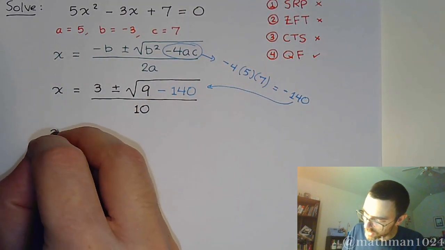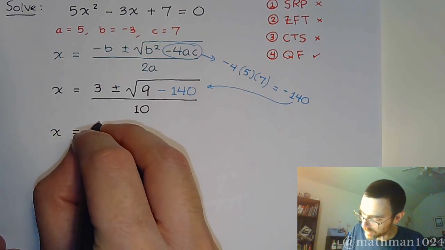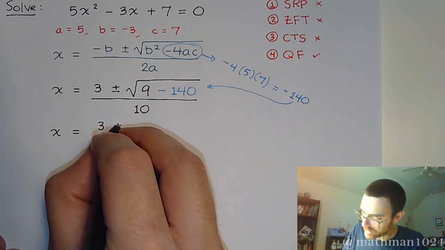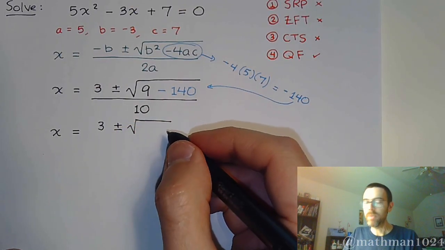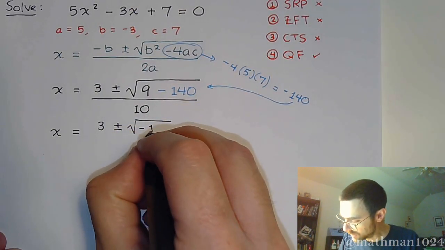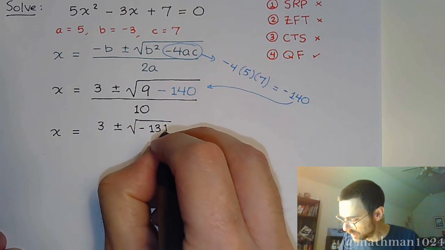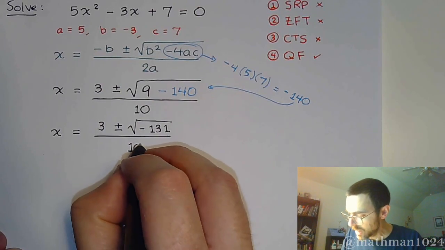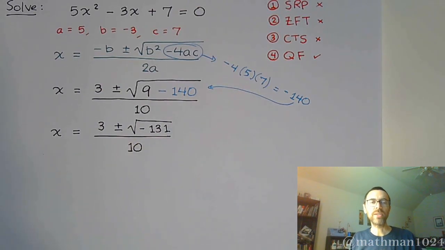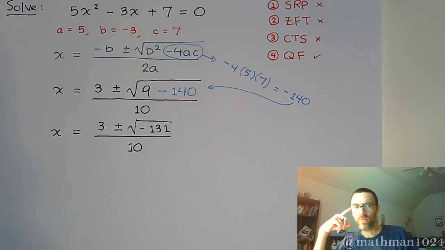Now, we just need to clean up our work. So x equals 3 plus or minus the square root of 9 minus 140, which is negative 131. With that square root, we're going to try our best to simplify. Well, 131 is prime, if I'm not mistaken, so we can't factor that.